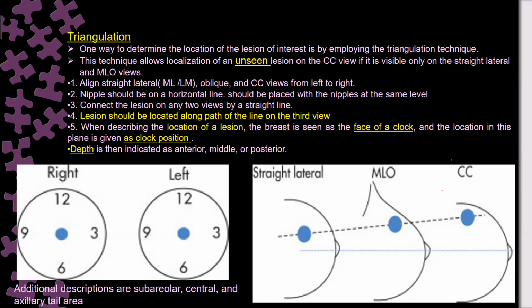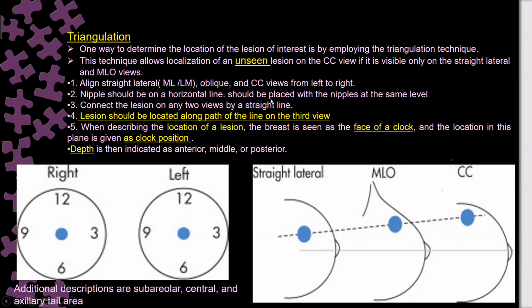If you have seen it on a straight lateral view, then it is a real lesion, and you can make a triangulation to try to localize the lesion on the CC view, to expect exactly where it could be. Straight lateral, you can do it ML or LM. It depends.